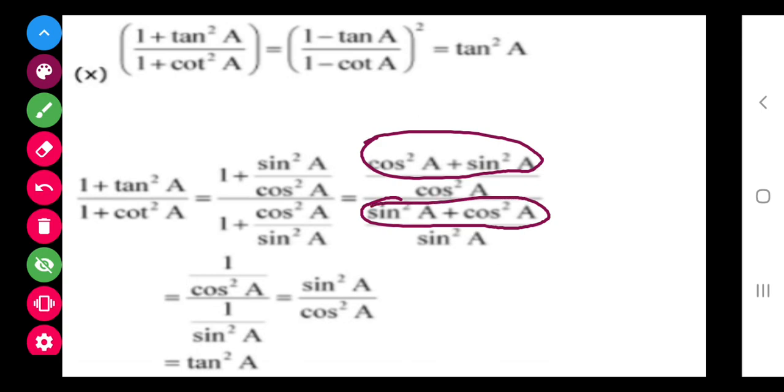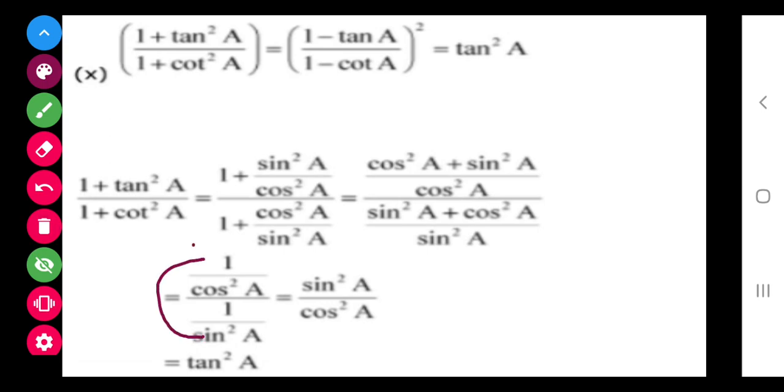So 1 and 1. Finally, this will be multiplied with this and this will be multiplied with this. So we will get sine square A upon cos square A, that is tan square A. This is the result. Now this also we have to convert the same.